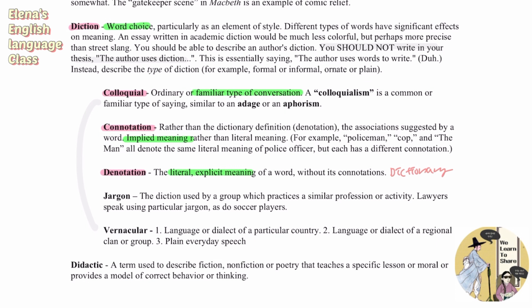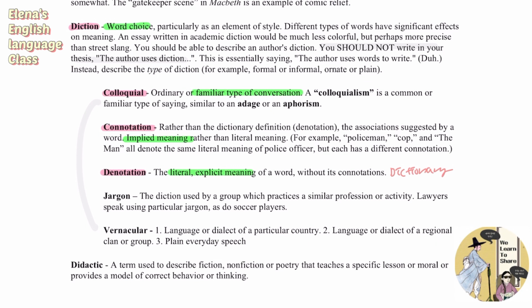For example, policeman, cop, and the man all denote the same literal meaning of police officer, right? But each of them has a different connotation. Some might feel more negative, some more positive, some more formal than the others.